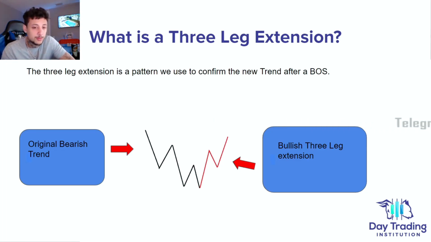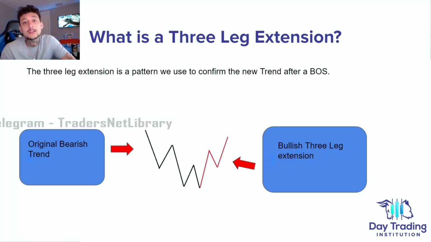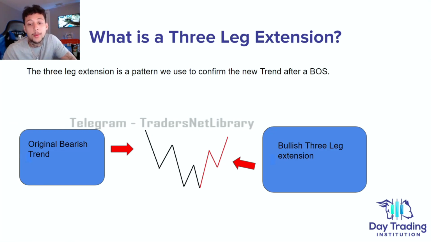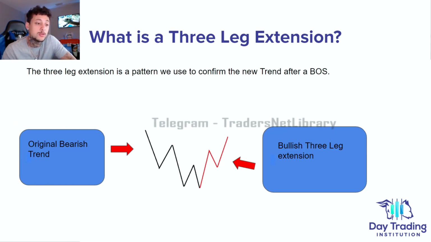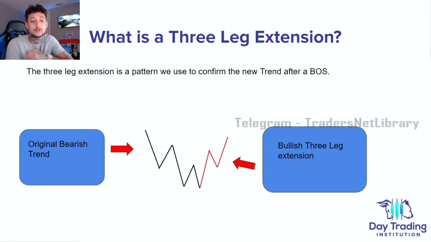So sometimes you might see a break of structure on the 15-minute time frame, but on the hour time frame, they're still in a bearish trend. So you want to wait for these three-leg extensions, especially on a lower time frame, to confirm the new trend. And again, a three-leg extension is simply a pattern for us to be able to identify a new trend.